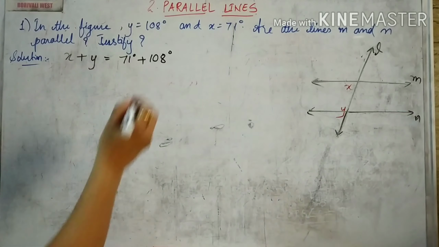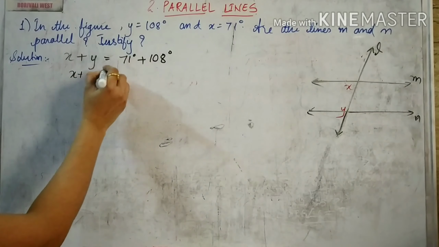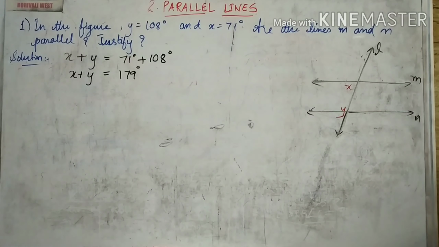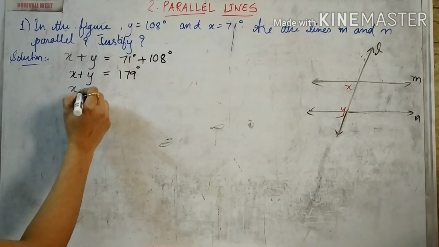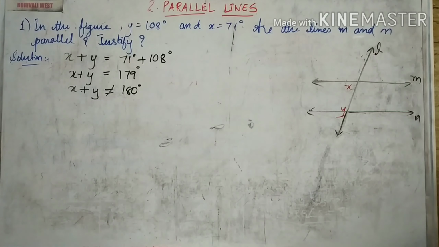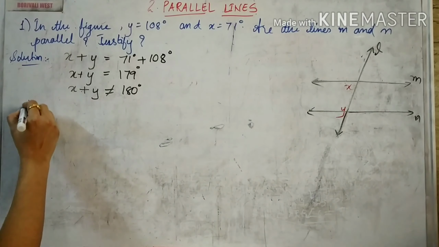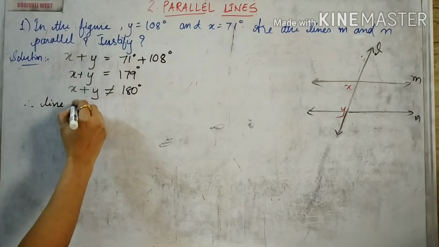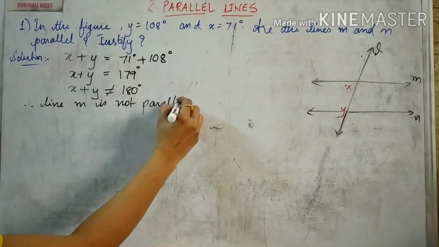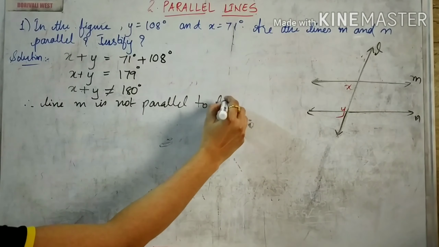If I add this, it gives me x plus y equal to 179 degrees, and this addition is not equal to 180 degrees. So x plus y is not equal to 180 degrees, and therefore line M is not parallel to line N.